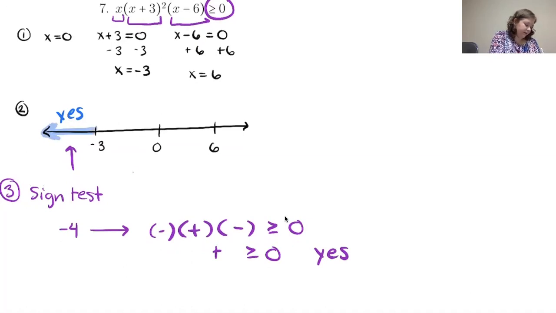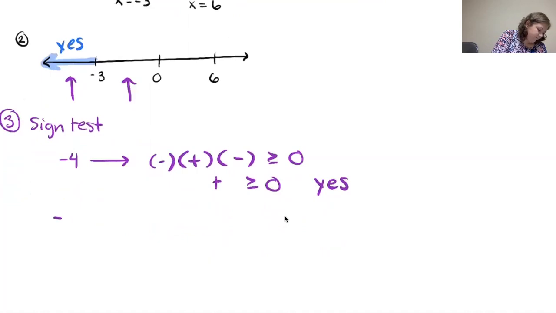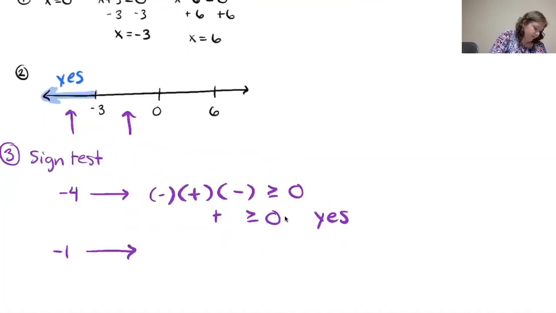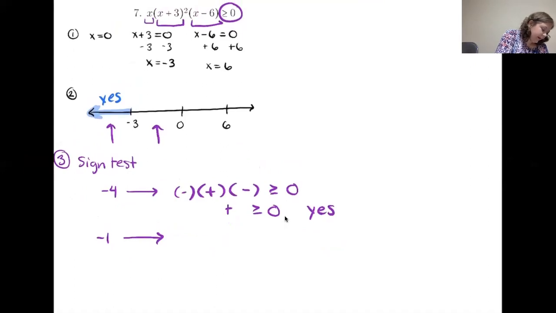Then we'll go on to the next one. So something between -3 and 0. So let's pick -1, maybe. -1. So we plug it into our original equation. So -1 is negative.